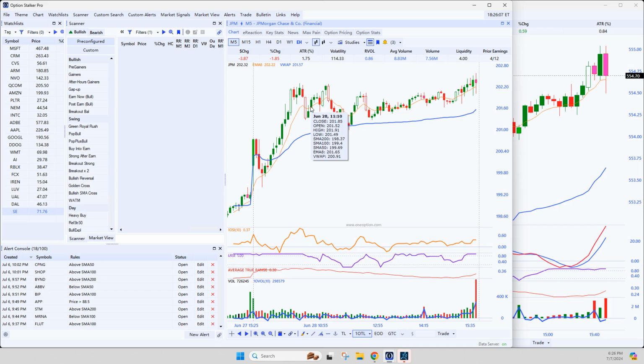Something I need to work on more is entering better with either LRSI crosses or HA reversals on the M5 basis, or even for more of a swing trade basis, I can enter in a longer time frame like the M15, just so I'm not immediately at a loss. Instead of managing a loss, I'm managing profit immediately. So entering well is definitely important. I need to work on that.